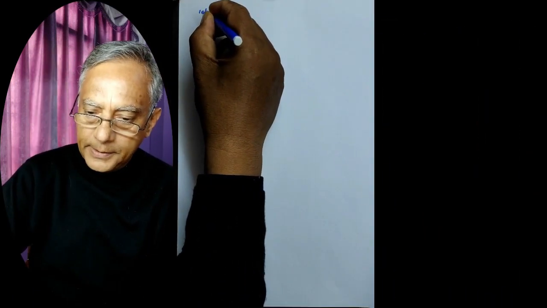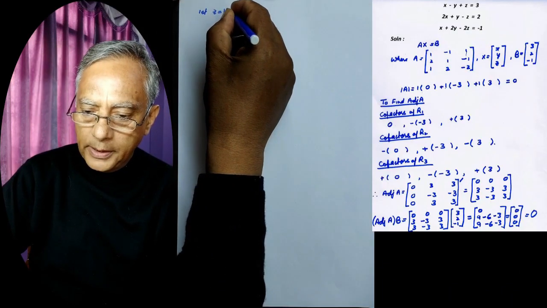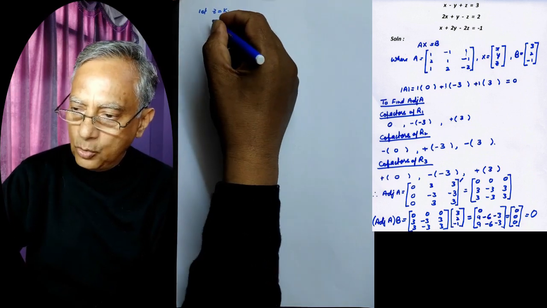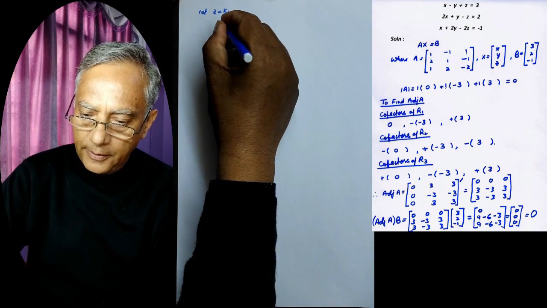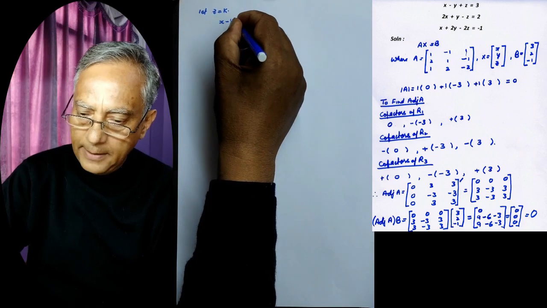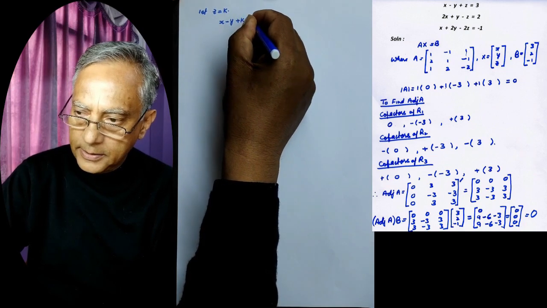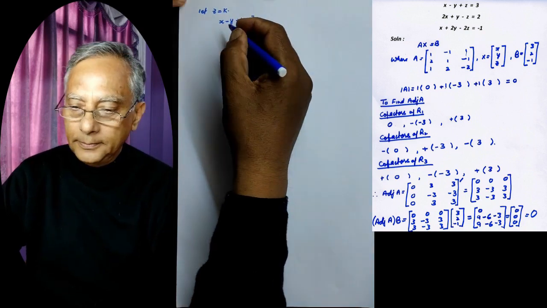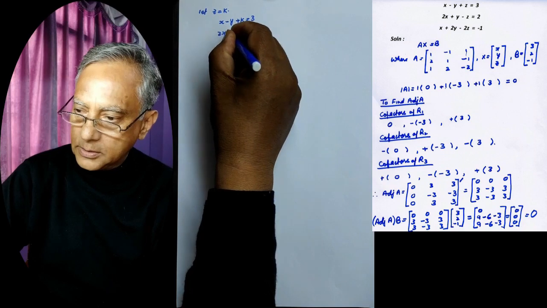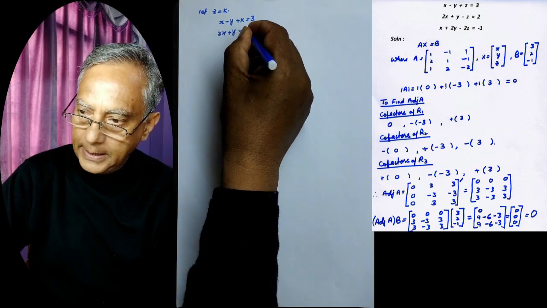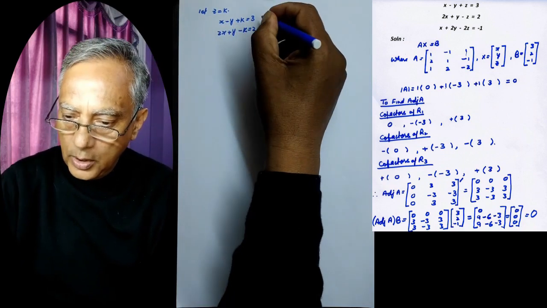Now let z be equal to k. Now take any two equations. We take the first two equations. We will get x minus y plus k is equal to 3, and the second is 2x plus y minus k is equal to 2.